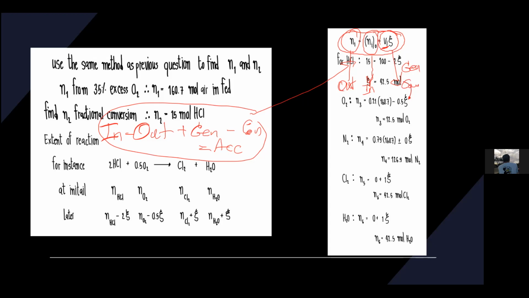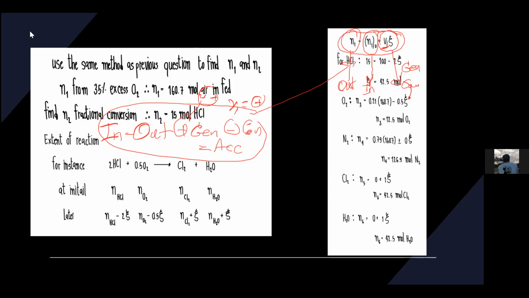If nu_i is positive, the species is a product and it should be generation. Reactant should be negative. This is for nu_i positive. That's why the outlet equals inlet minus consumption plus generation.